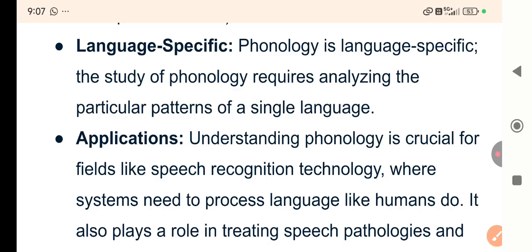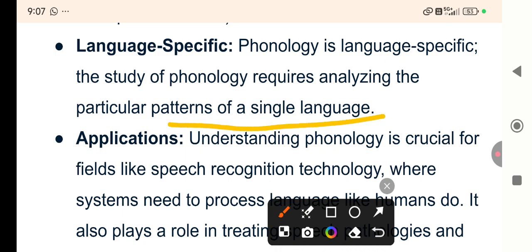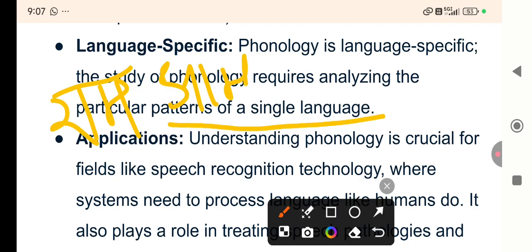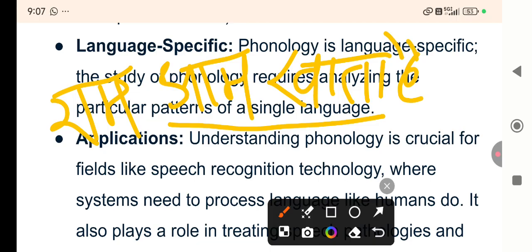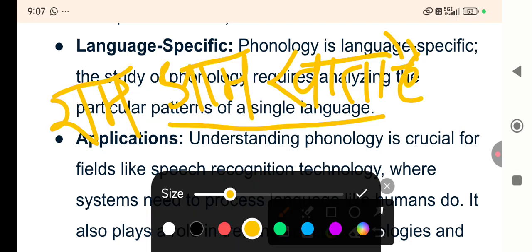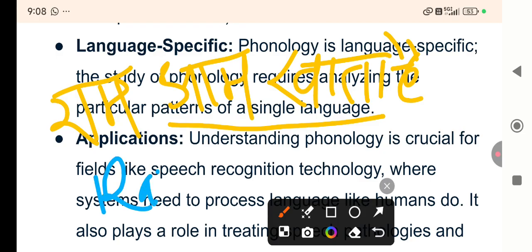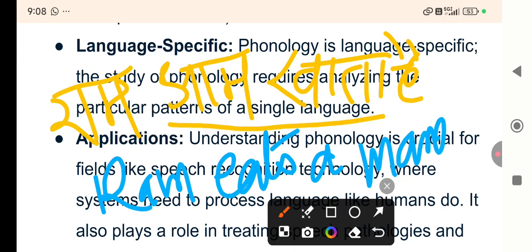Now next is language specific. Phonology is language specific. The study of phonology requires analyzing the particular patterns of a single language. So that is language specific because it studies the pattern of a single language. For example, if we say Ram aam khata hai, the English version is Ram eats a mango, right?